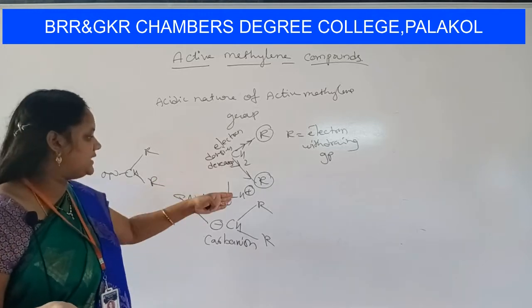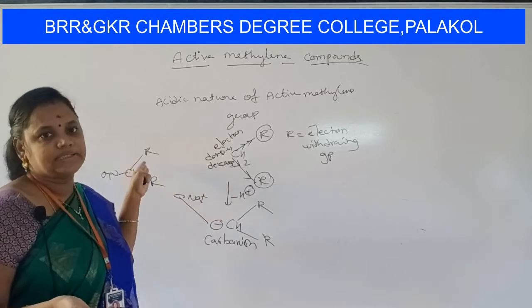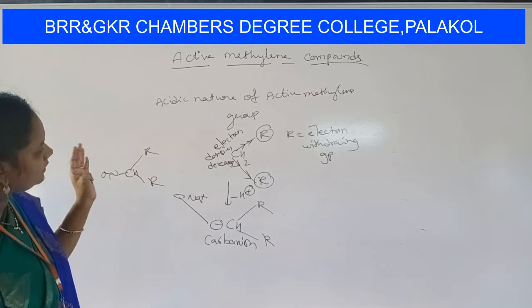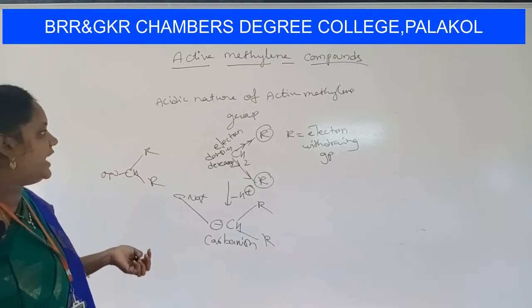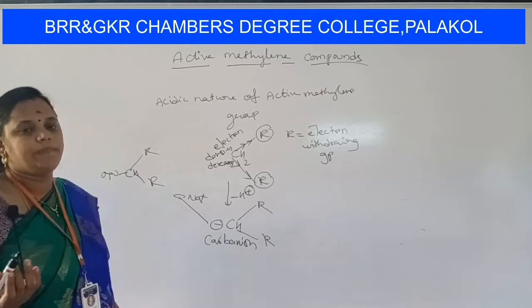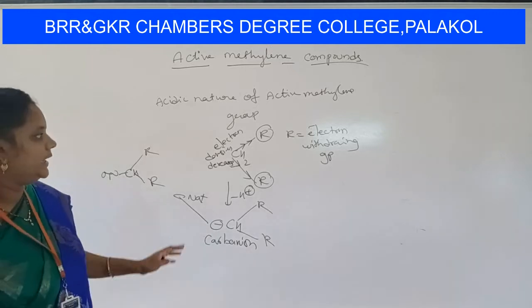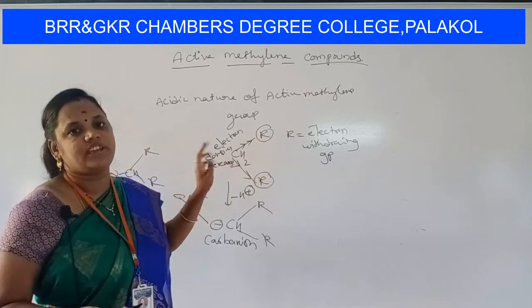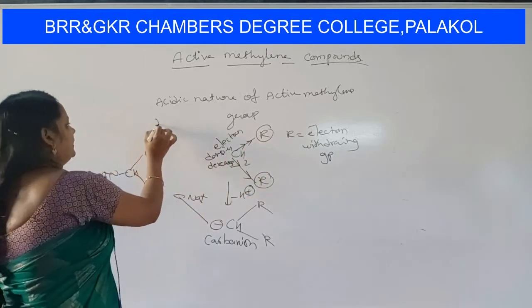They can be easily removed when a metal is added to them. Another property also explains the acidic nature of the active methylene group, which is the inductive effect. Because of these two strong electron withdrawing groups, we observe the inductive effect.